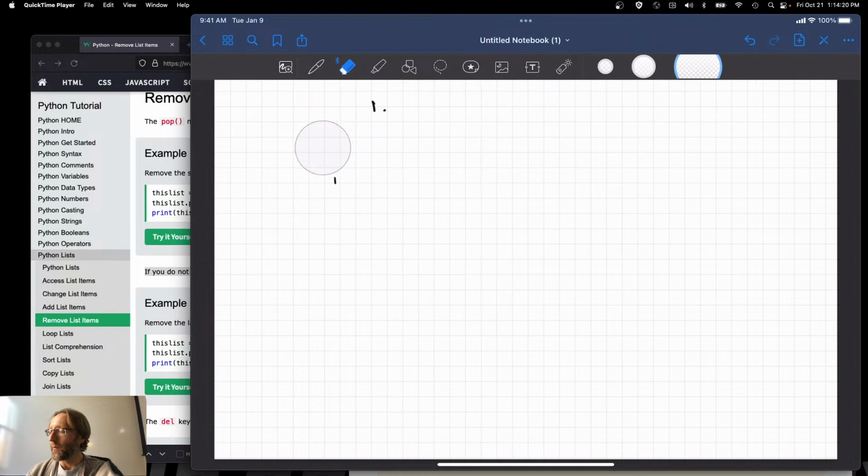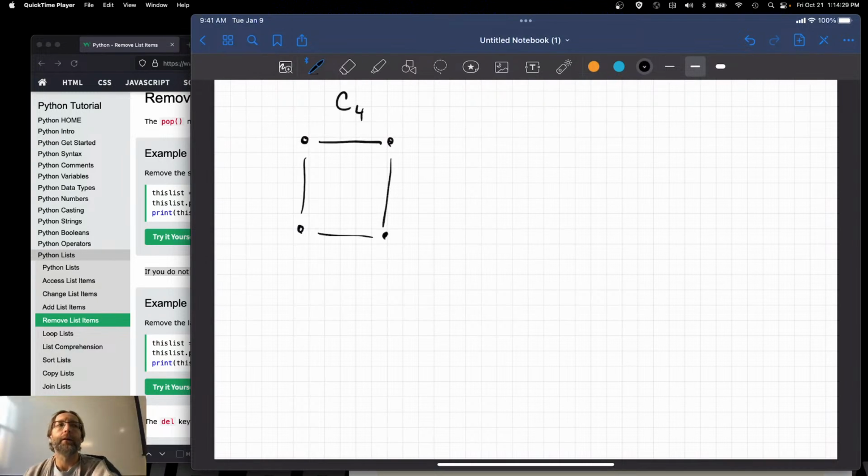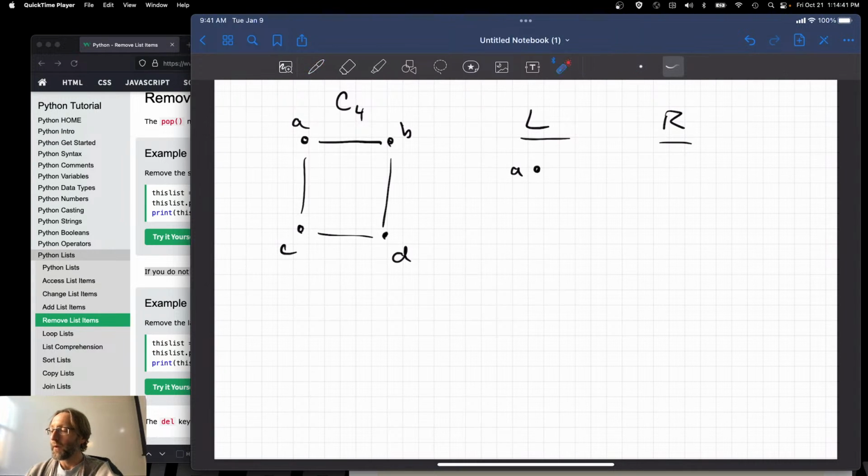Let's look at another one. This is a C4, a cycle graph of length 4. Now, can I do the same thing? I'll put A, B, C, and D. If I put A over here in the left partition, then its neighbors, B and C, necessarily need to go over here in the right partition.